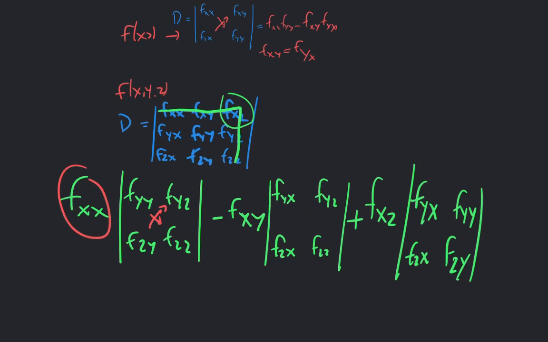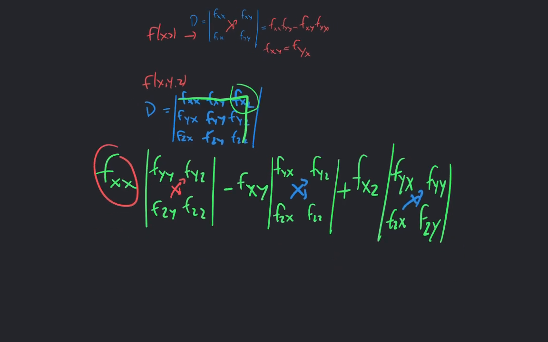And then you can take the determinant of each one, and then you're going to get this times this product.